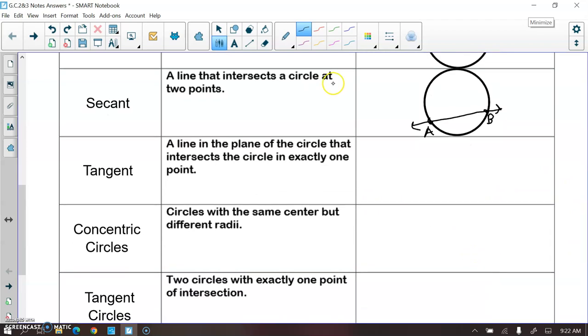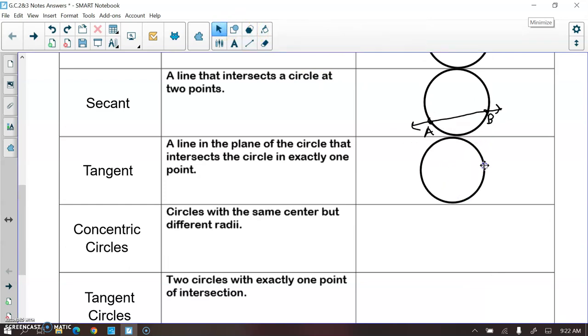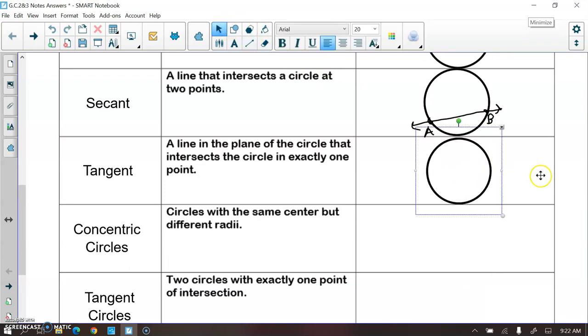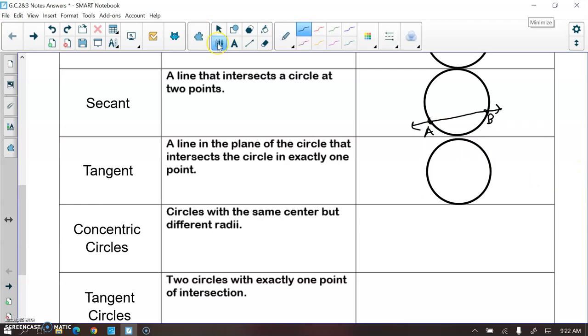A tangent line intersects your circle exactly at 1 point. So what that means is, let's say that it intersects at this point here. It would just look like this.